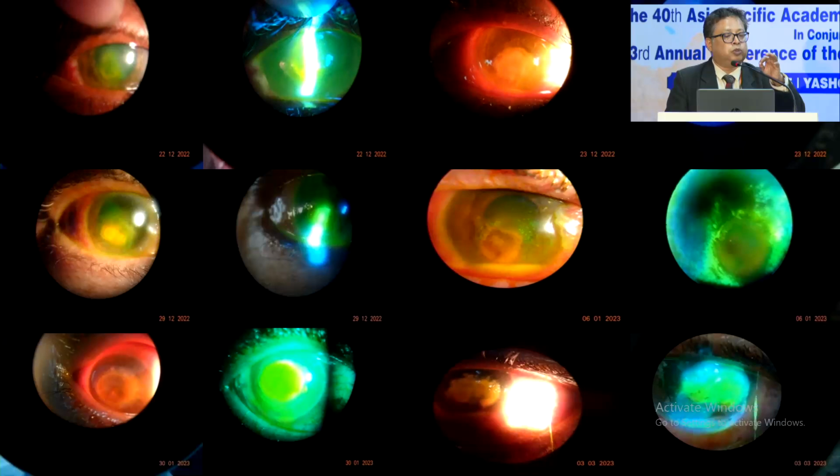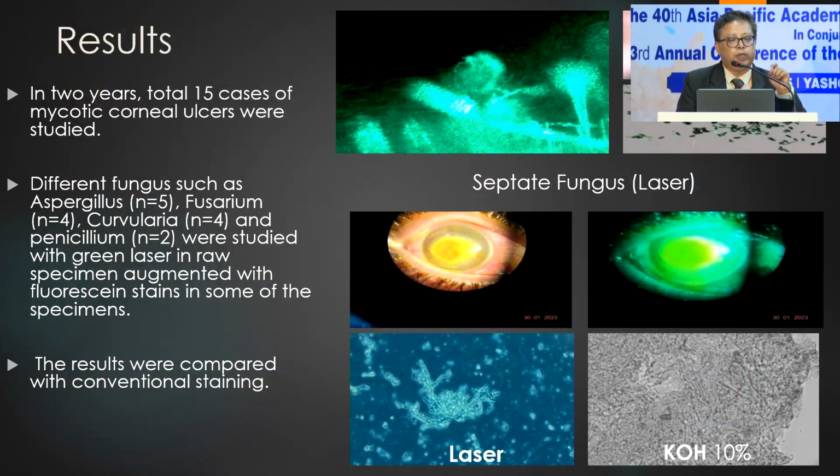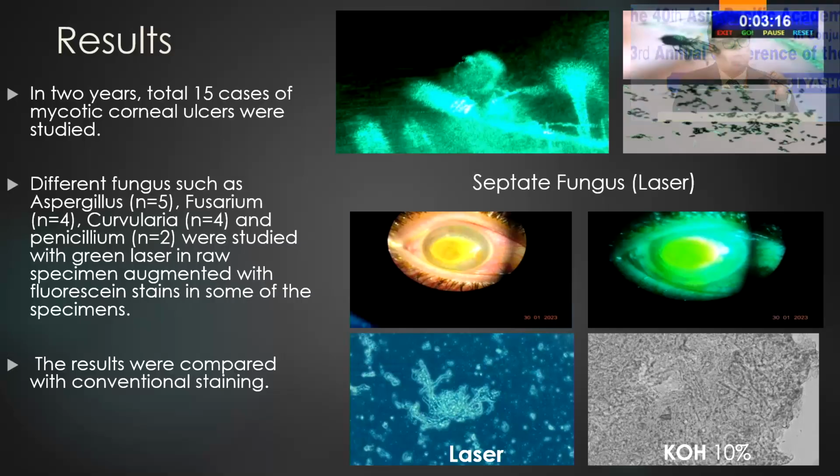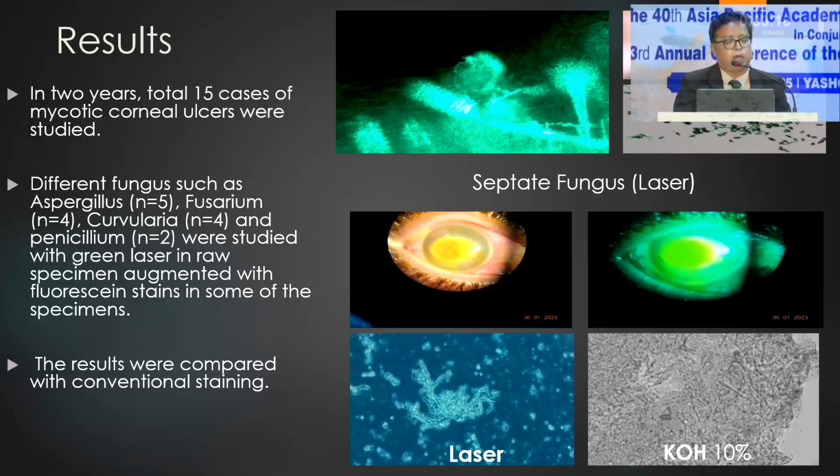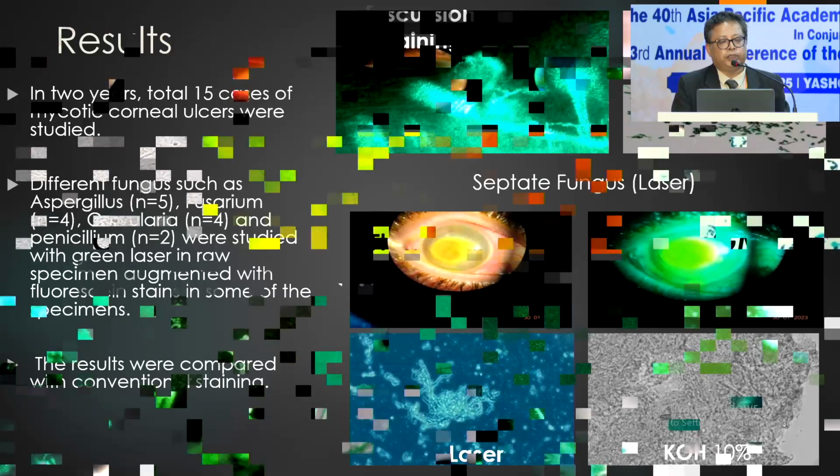So this is one point: you can use a fresh solution that you can get from the angiographic room. Now, over 2 years, a total of 15 cases of mycotic corneal ulcer were studied: 5 cases of Aspergillus, 4 cases of Fusarium, 4 cases of Curvularia, and Penicillium in 2 cases, with green laser. Results were compared with conventional staining.